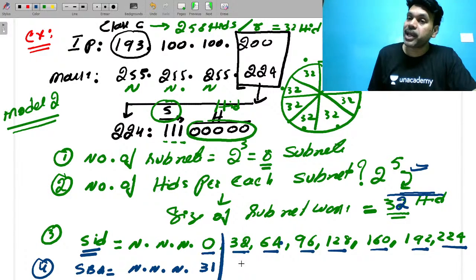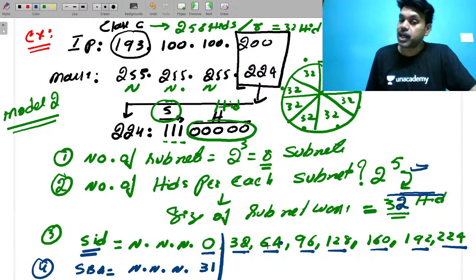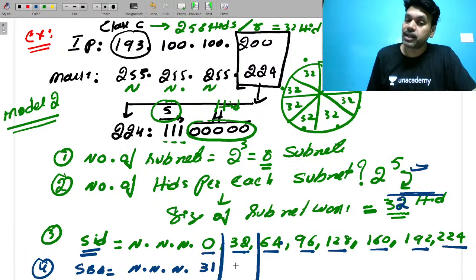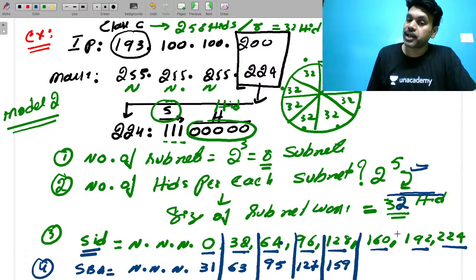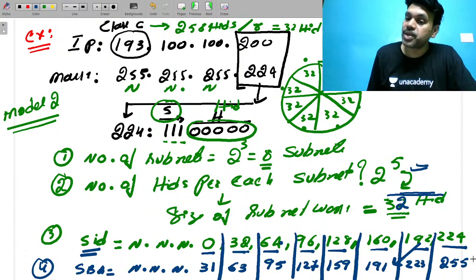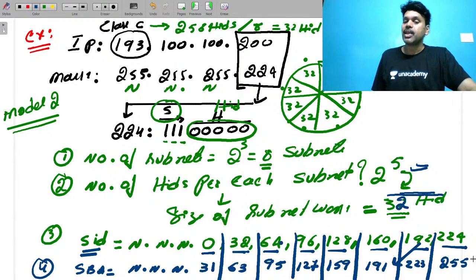And what is the broadcast address of the next subnet? The number before this one, 63. And before 96, 95. Before 128, 127. Before 160, 159. Before 192, 191. Before 224, 223. The last number is 255. That's it.